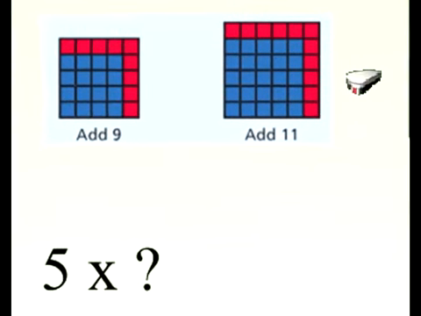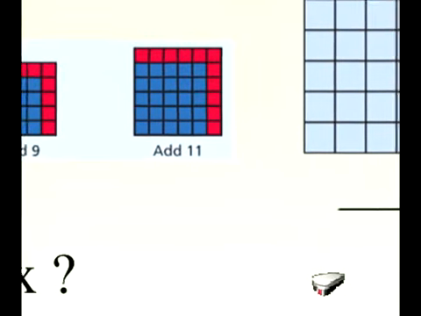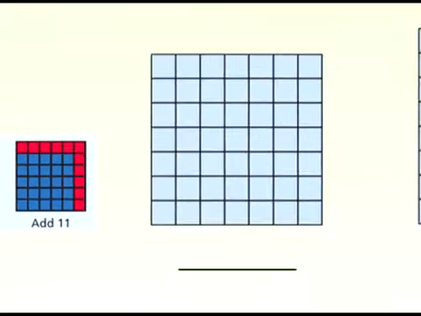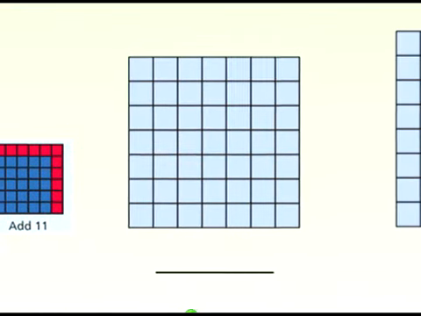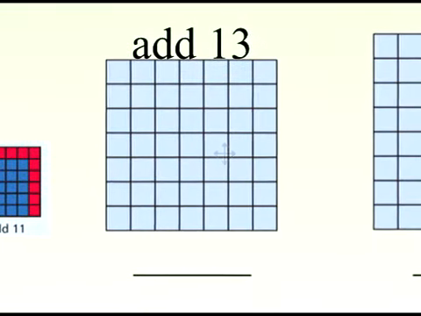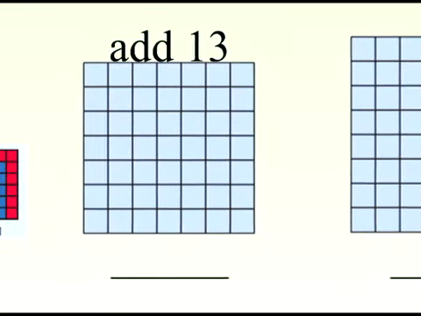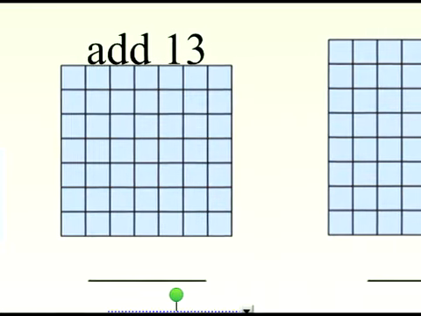The number of squares added with each step follows the pattern 3, 5, 7, 9, 11. What are we going to add to this next one? 13. You got it. We're going to add 13. So we added 13, but that becomes 7 times 7. See if you can figure that one out.